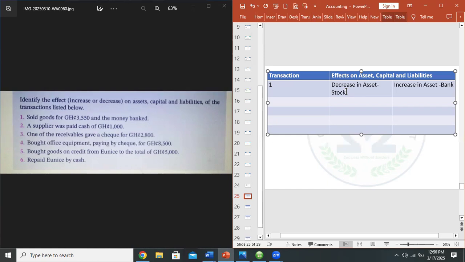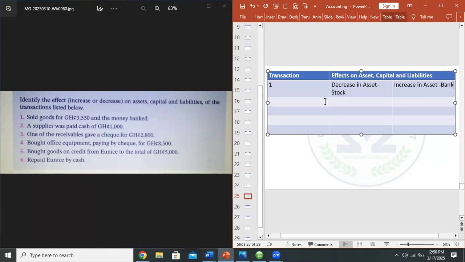A few of you were writing goods, which I deducted half mark for that. Okay, so give us the specific asset. A few of you were also writing cash in place of the bank. Others wrote cash/bank. So be specific. If it is cash, cash. If it is bank or cheque, use bank, right?